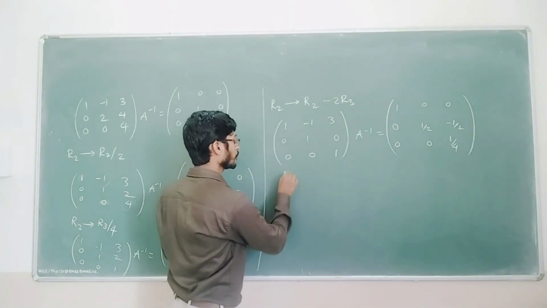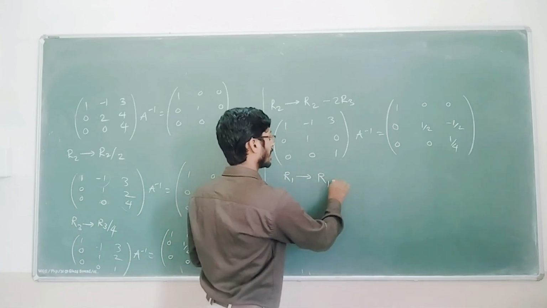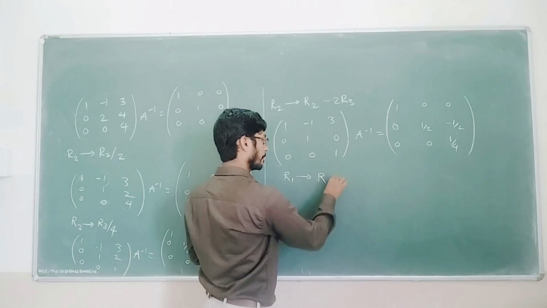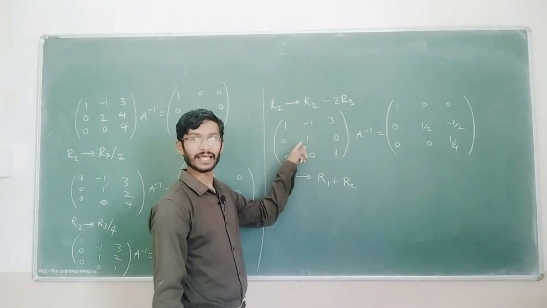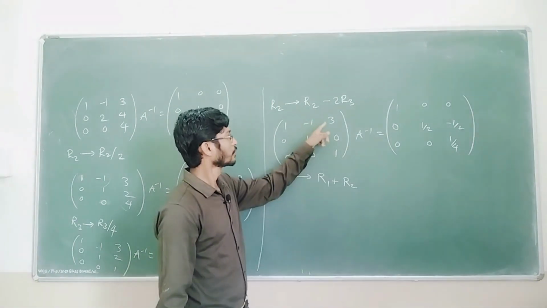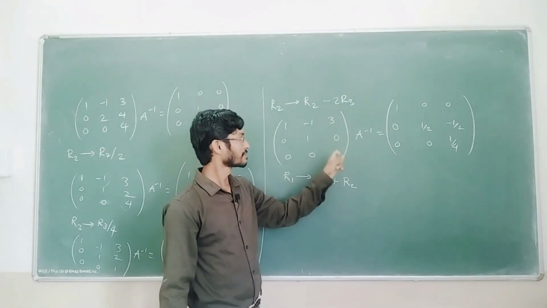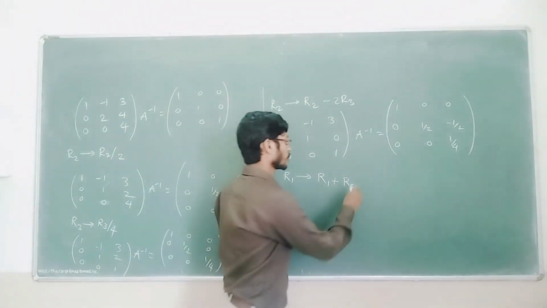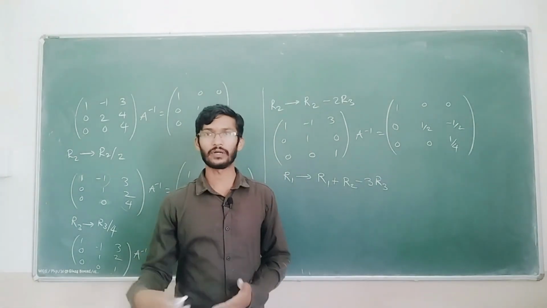So what I have to do, I have to change R1 to R1 plus R2. If I do R1 plus R2, this element will become 0. And to make this element 0, I have to subtract 3R3. So I can do this in a single step, or you can do it in 2 different steps.